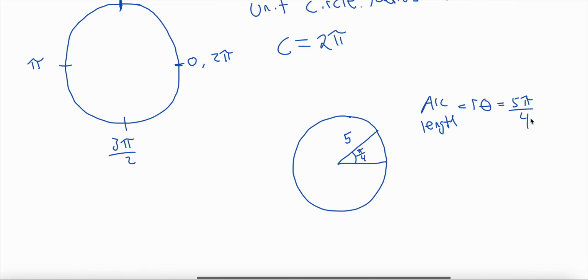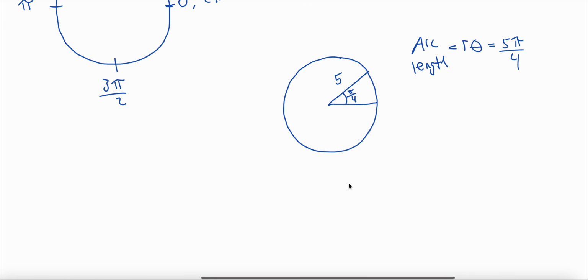But we can only use the formula in that way if we're using radians. If we were to instead use degrees, we would need a conversion factor. So let's say this is that, and this is 5. And pi over 4 in radians is equal to 45 degrees. So 45 degrees.